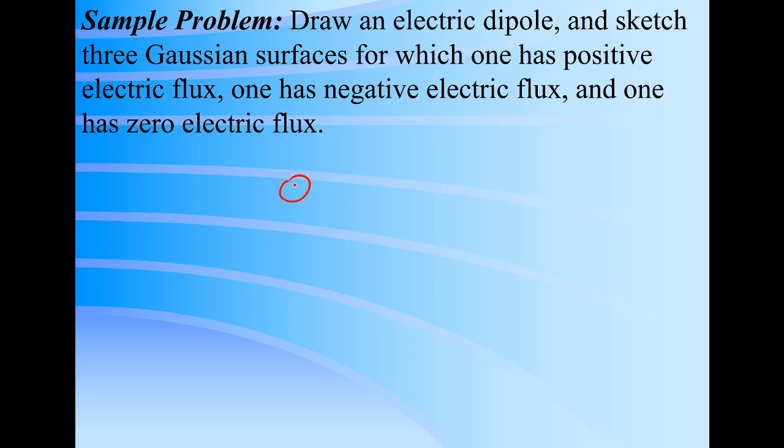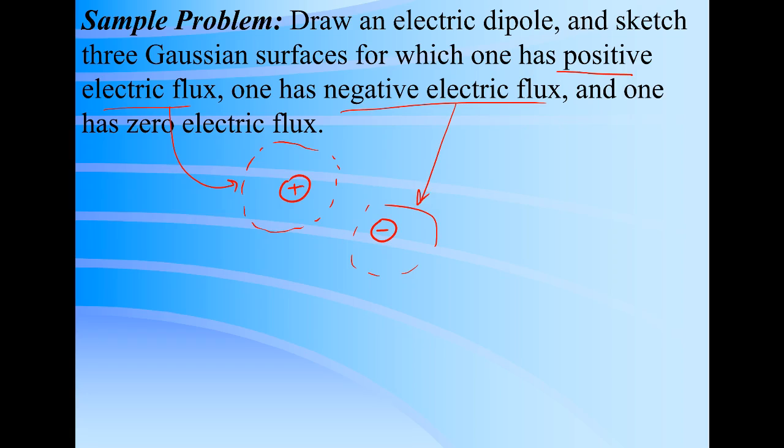So a dipole is just a positive and negative charge in proximity to each other. A Gaussian surface for which we have positive electric flux is just one that encloses the positive charge. So positive electric flux would be that surface. Negative electric flux would be a surface like this.